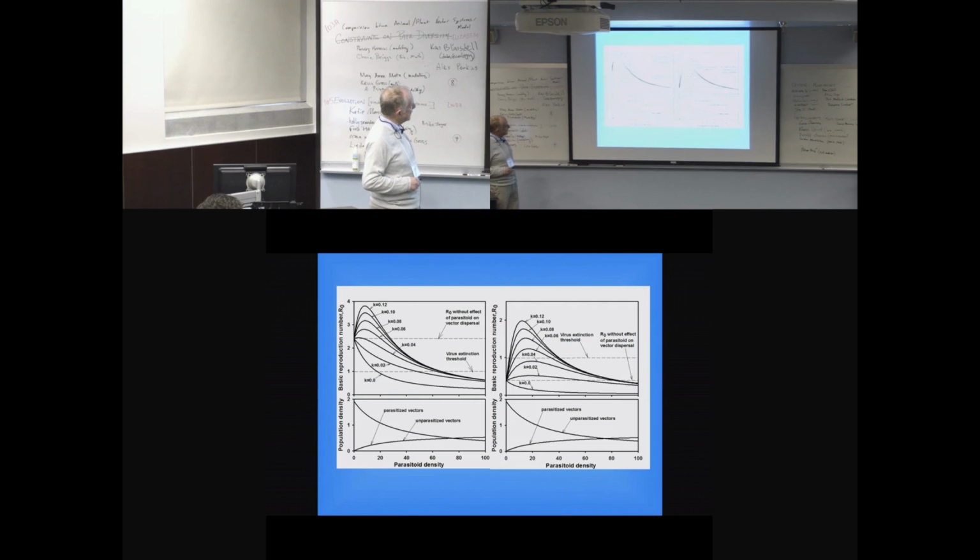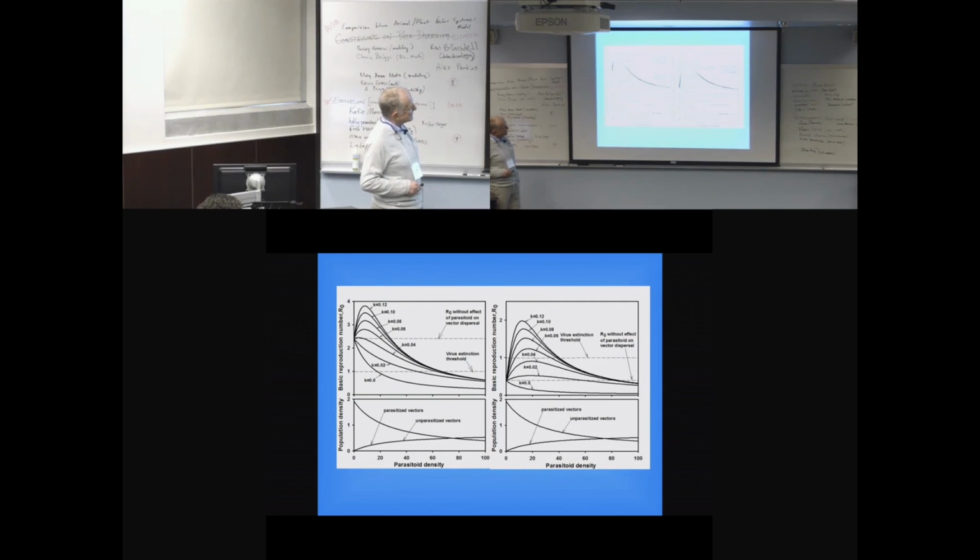So when you then introduce the parasitoid, what you find is that at very low levels of the parasitoid, actually the R0 is substantially increased, but eventually there comes a point of the parasitoid density where you're below the virus extinction threshold. But perhaps the more interesting case is this.